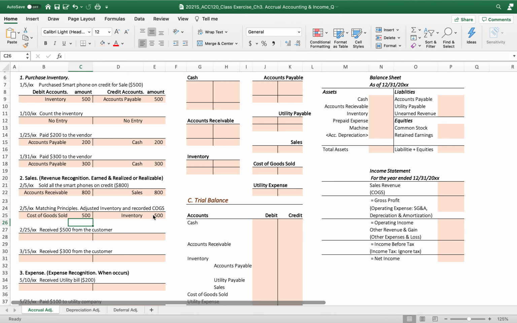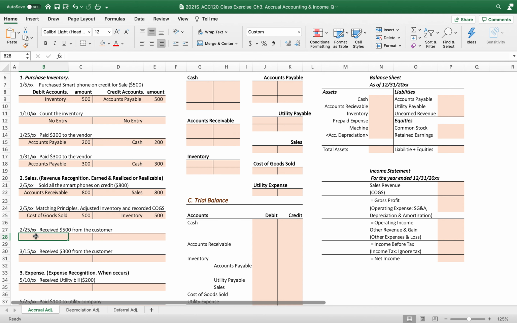It became the cost of goods sold that is recorded on the income statement. As we discussed in class, keep in mind that revenue recognition with the matching principle means that when the company recognizes the sales, you always recognize the expense, the cost of this inventory, at the same time. That is the matching principle.